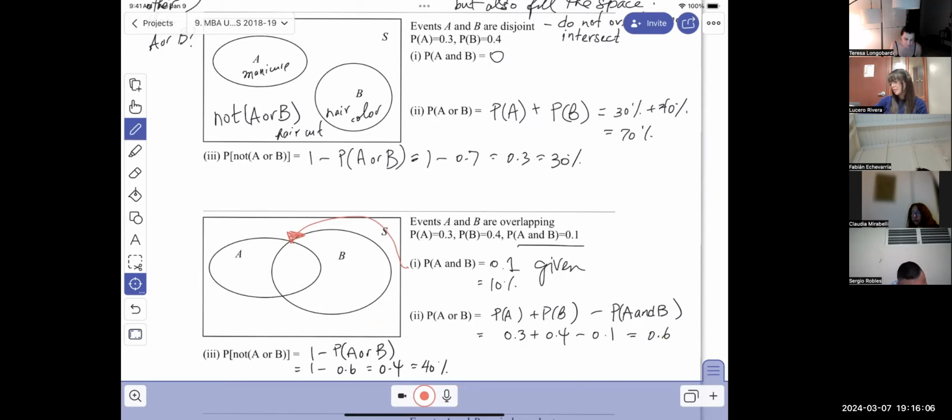Just to specify some points here, this is known as the general addition rule. Let me put it in a red box. And this one is known as the addition rule for disjoint events.